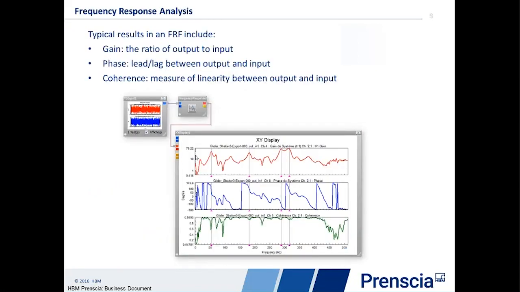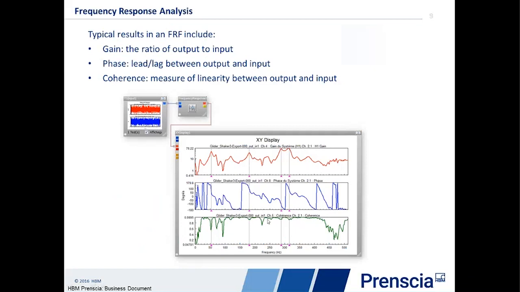So in order to produce such a plot, we've got this frequency response analysis glyph, and this one produces the gain of the FRF between excitation in red and response in blue, and the phase. So you see typical behaviors of the phase once we hit a resonance. The phase loses 180 degrees typically.